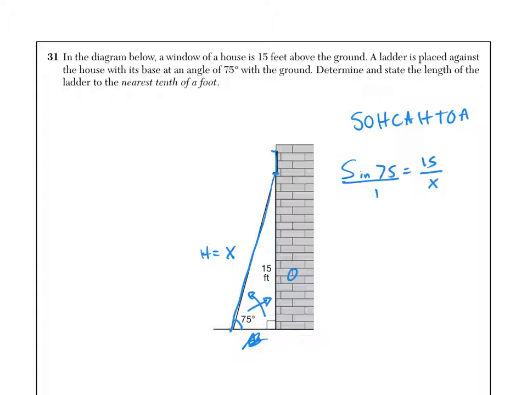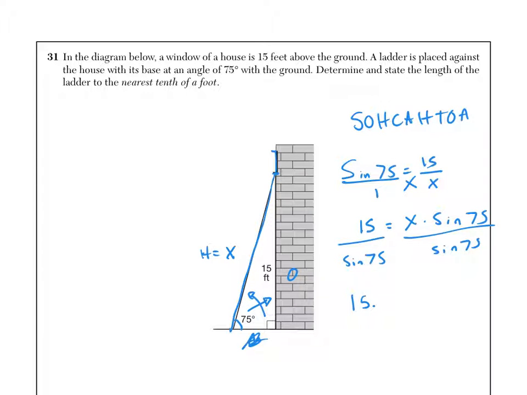So what we're going to do is cross multiply. Okay? So we cross multiply and we get 1 times 15 is 15, and x times sine 75. To solve this, we're just going to divide both sides by sine 75, and we get 15 divided by sine 75. Let me put this in the calculator.